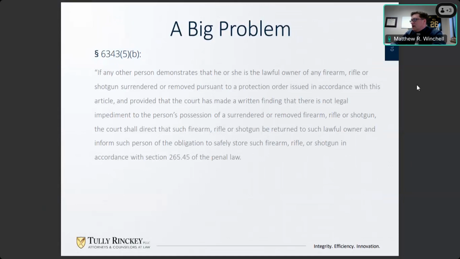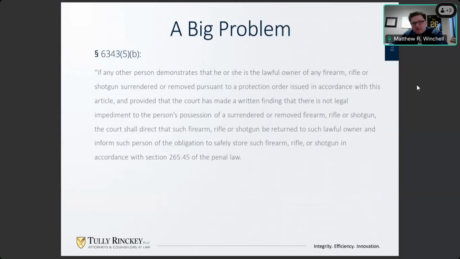So I'll walk you through a scenario that I dealt with about 5 months ago. My client, an older gentleman, had his grandson living with him. The grandson was deemed to be a threat to himself or others. The police showed up. They 941'd him.